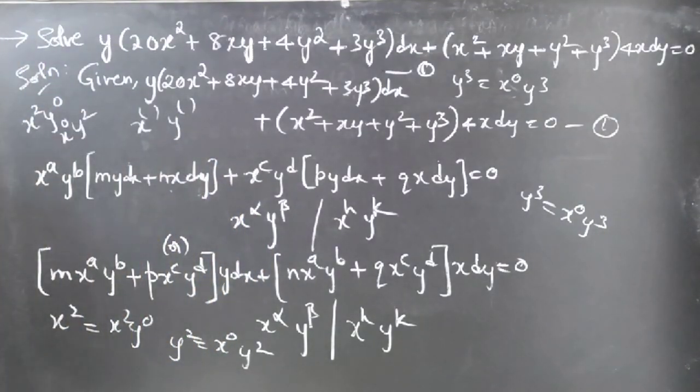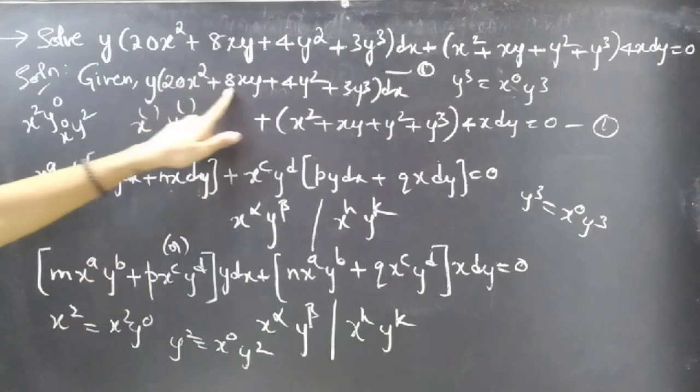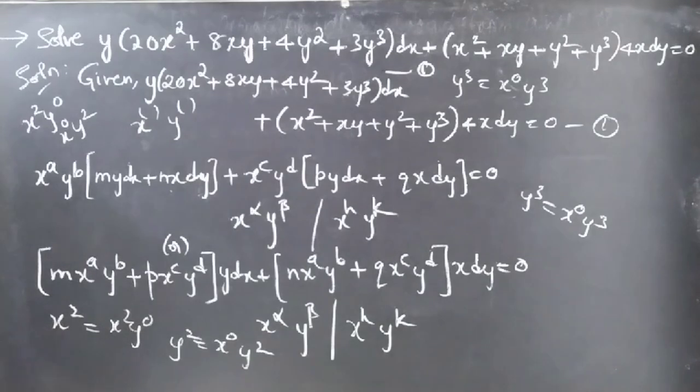So we are given a differential equation of this form. Here you have two terms, but in our case we have four terms in each bracket, right? So here x^α y^β will be our integrating factor.